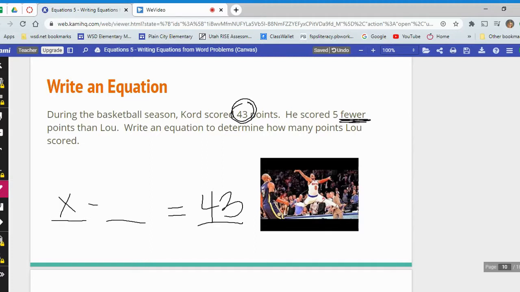So we got to take 5 away to get to the end result of Cord. Right? So again, hopefully you're seeing this really isn't that hard. We just think about life, right? We have X is what Lou scored. We take 5 away, right? Because it's 5 fewer to get what Cord scored.